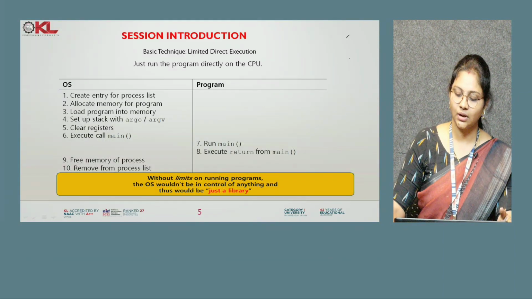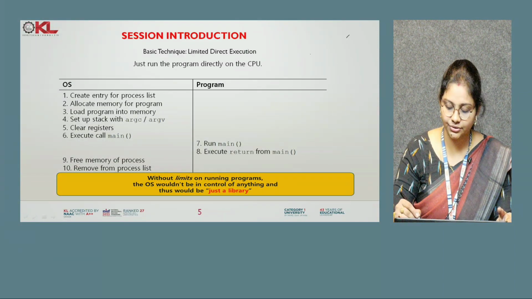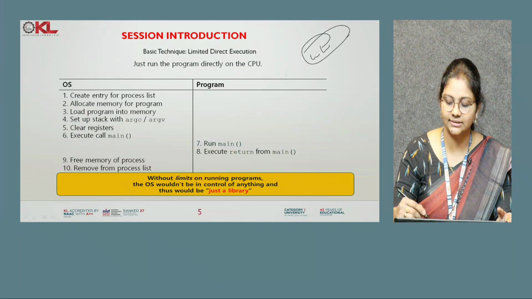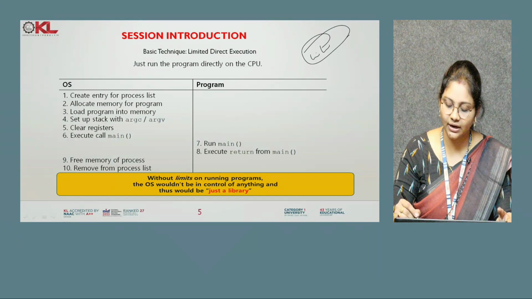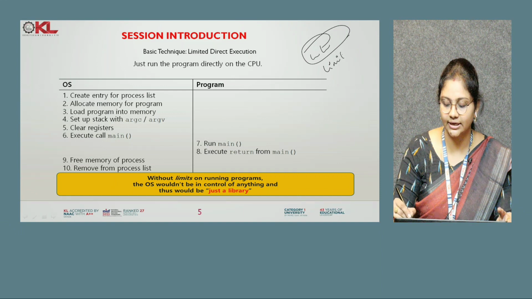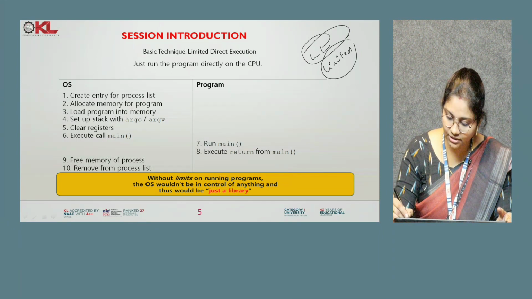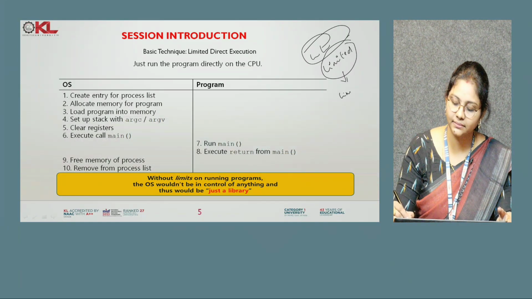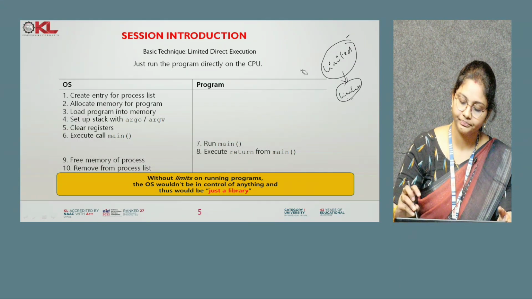For that purpose, we have introduced the concept called limited direct execution. We have added one more term, limited. It means that direct execution will be implemented on a limited basis. How this limited term will be implemented, we will see now.